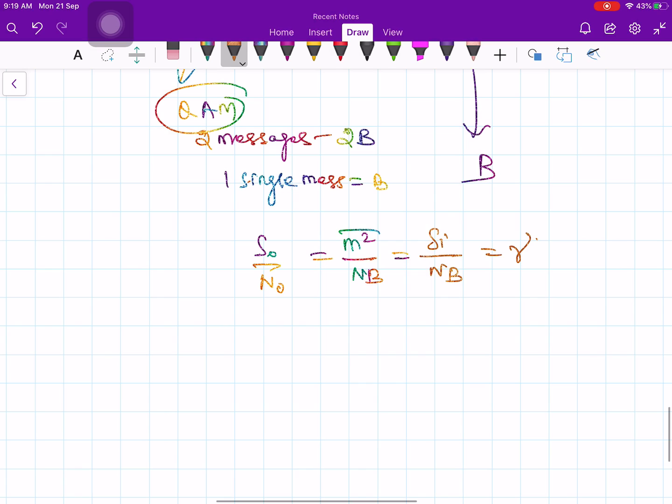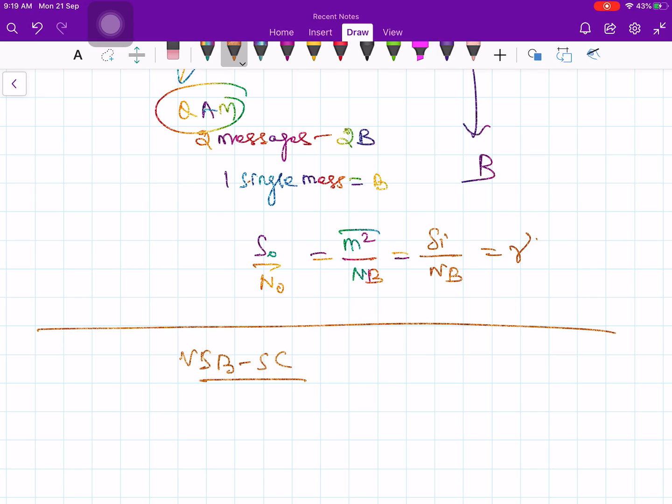Okay, now let us talk about the noise performance in VSB, vestigial sideband with the suppressed carrier system. Similarly, when you go from single sideband modulation to vestigial sideband modulation with a suppressed carrier and carry out synchronous demodulation, follow the same process using the same argument that we have used in this lecture. So you will get more or less the same answer.